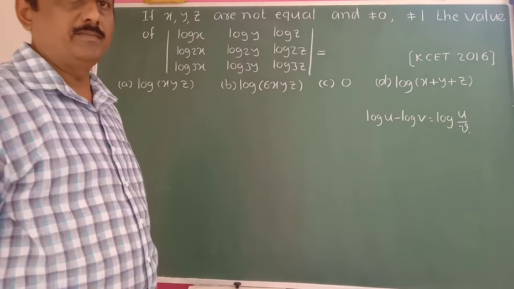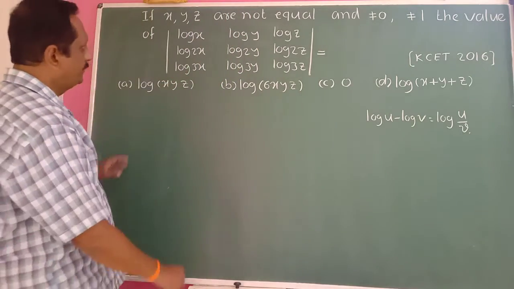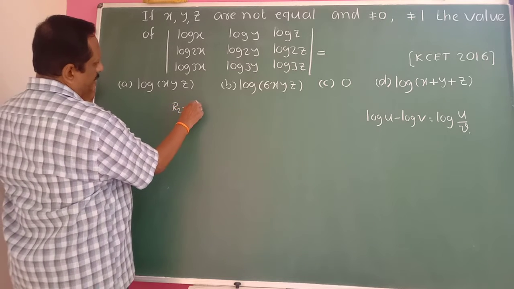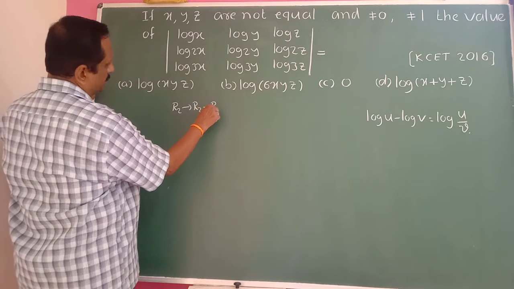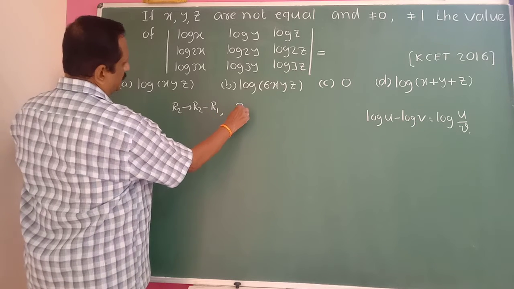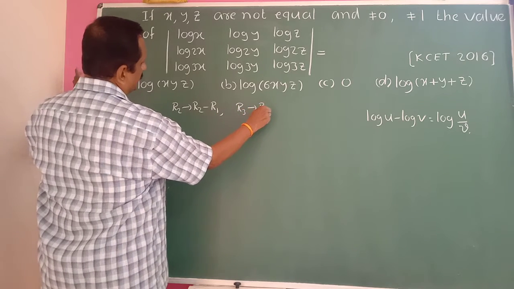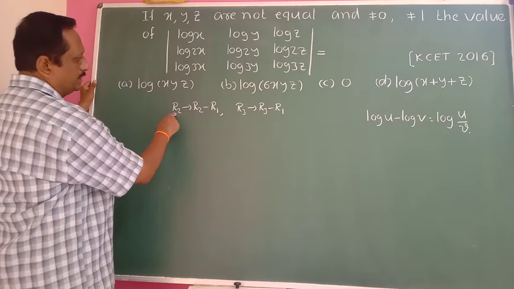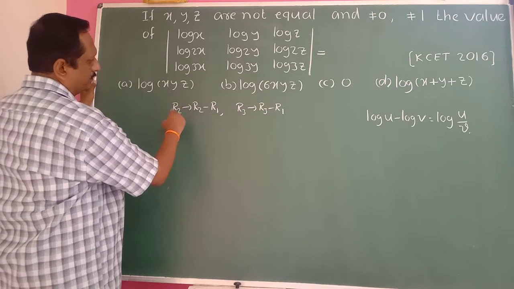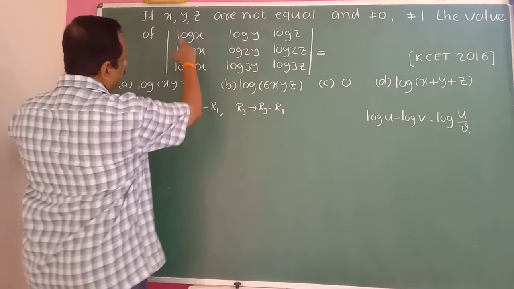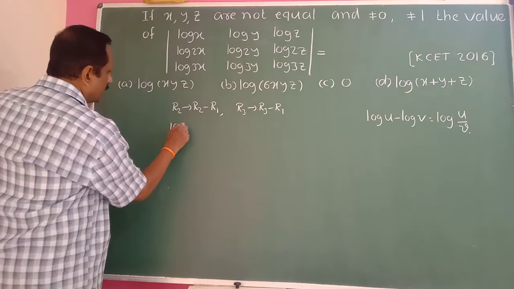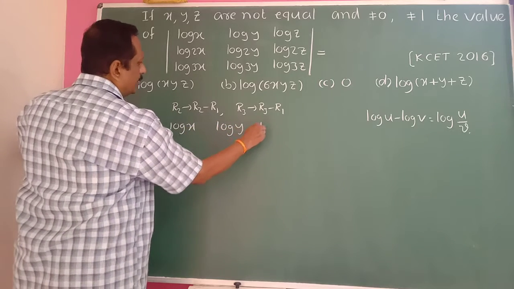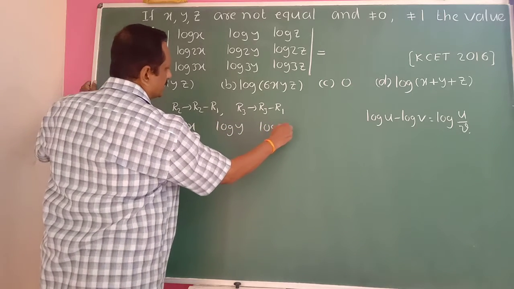Therefore R2 becomes R2 minus R1, and R3 becomes R3 minus R1. Only the second and third rows change, the first row stays as it is: log x, log y, log z.